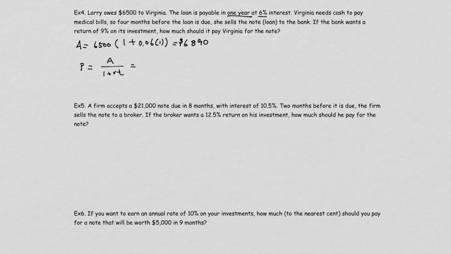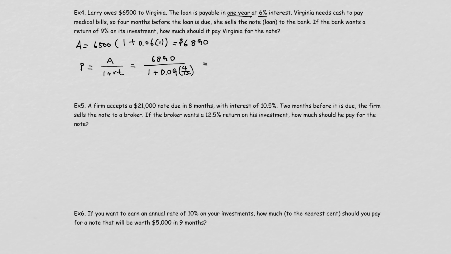So if you want to have amount as 6,890, and they want to know the principal that the bank has to pay, if you want to make this the 9% interest. And you still only have 4 months left, right? So it'll be 4 over 12 as the time.